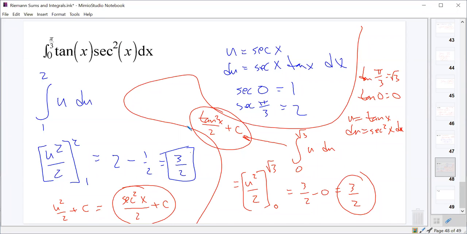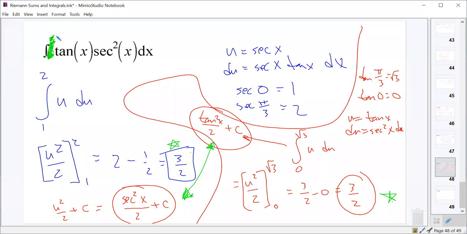And we can see we've got a little bit of a strange thing happening here: although the definite integral came out to be the same, our indefinite integrals certainly don't look very similar, do they? I mean, tangent squared x over 2 and secant squared x over 2 are not the same thing, are they? So if this had been just an indefinite integral without the 0 and the pi over 3, which one of those answers would be right?